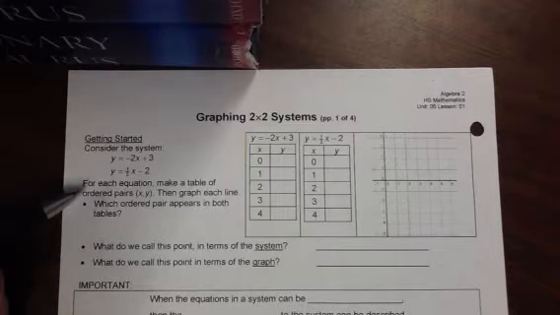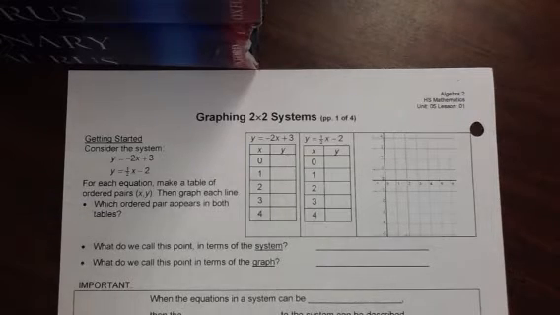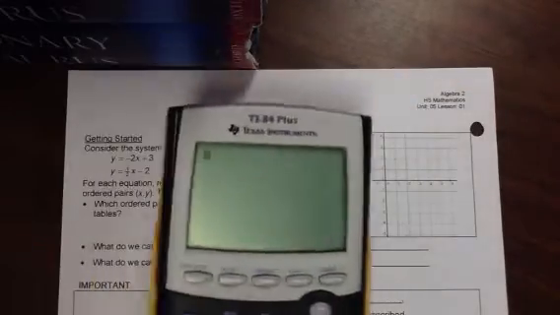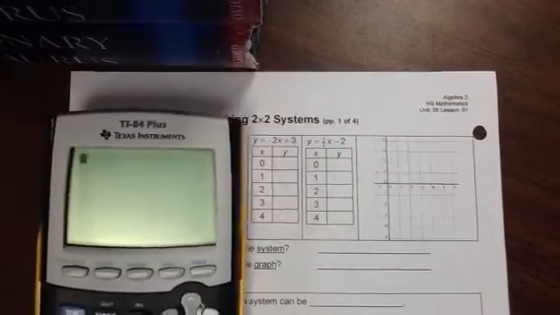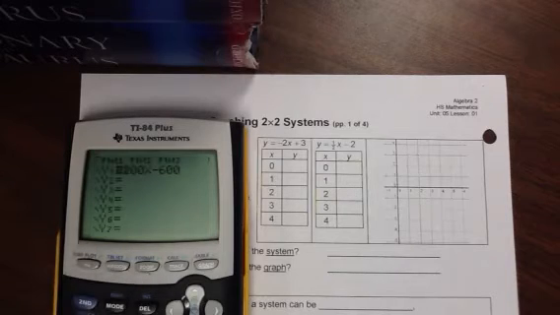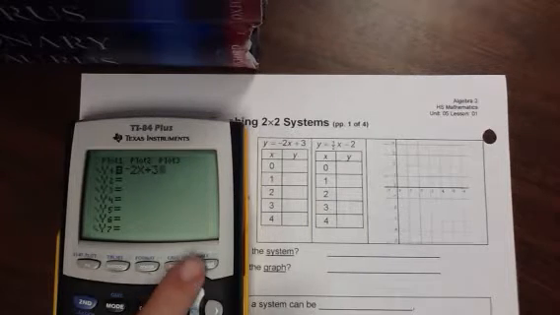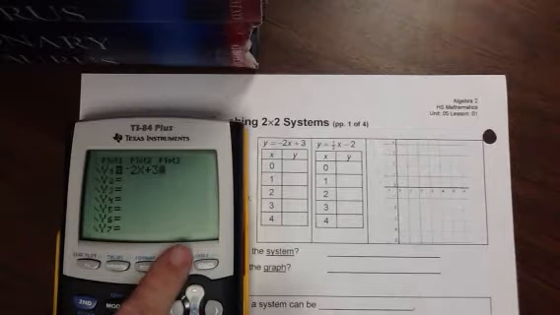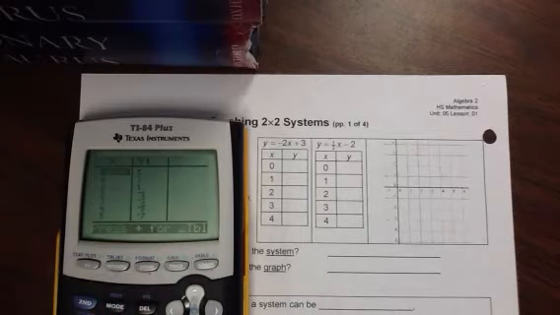It says for each equation make a table of ordered pairs and then graph each line. I don't care how you do this. Remember, one option is that we can put those equations into our calculator. So we would go to y equals, and then we could type in the first equation, negative 2x plus 3. And then remember, it's table. See up there we're in blue, so we could go second table.